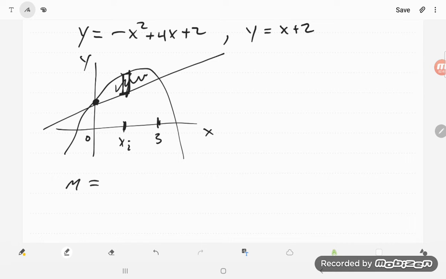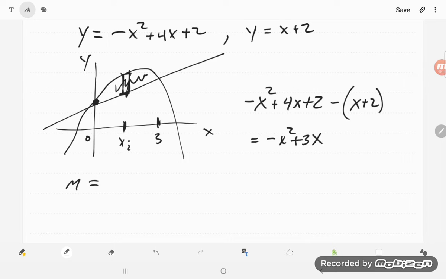So we've got minus x squared plus 4x plus 2 minus x plus 2, the curve on the top minus the one on the bottom. So our function heights for any given x value are minus x squared plus 3x.